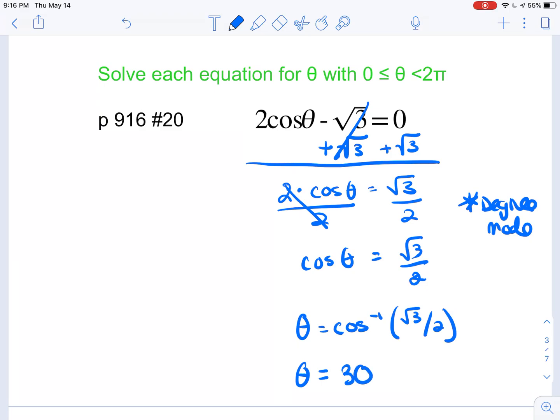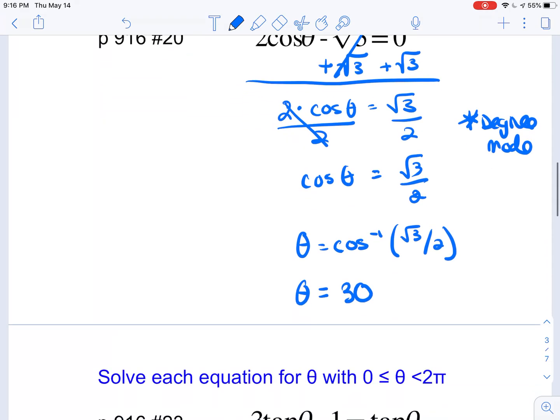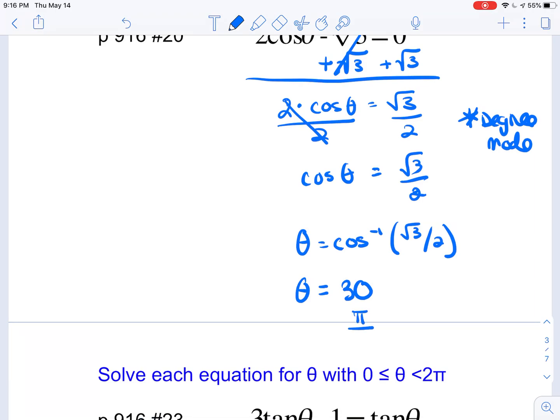So we will typically do this in degrees, because if it works out to a nice clean angle, which in this case it does, we can then convert that, right, to its corresponding radian, pi over 6. Okay, we would not be able to do that if we left the calculator in radian mode.